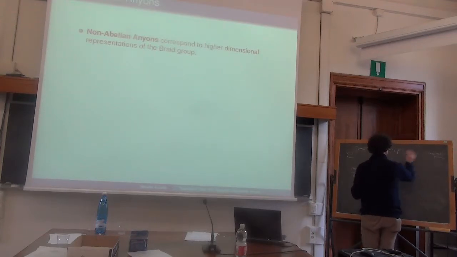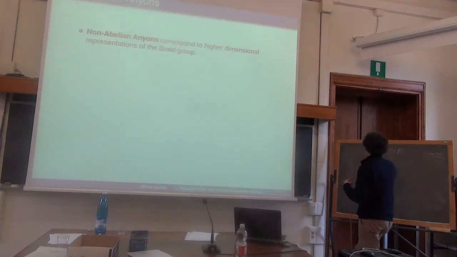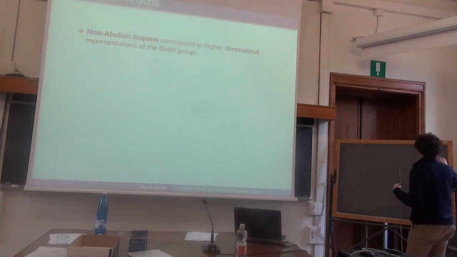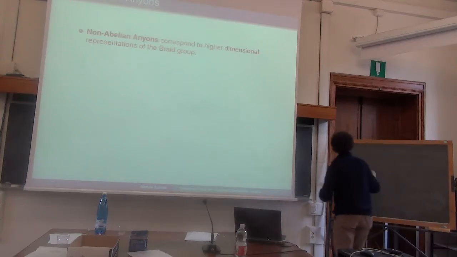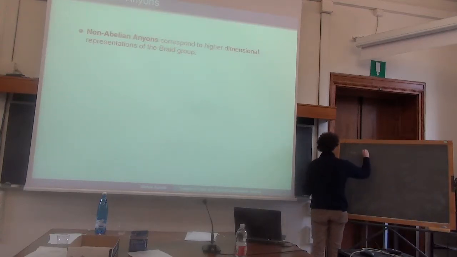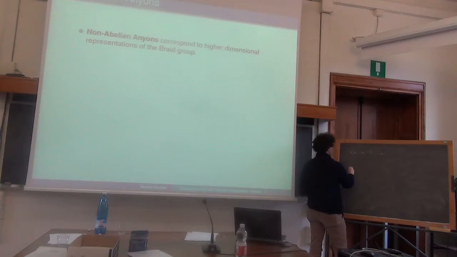To do this, we must somehow enlarge our Hilbert space when we consider the fusion of two different anyons. So let us say that we have a pair of anyons A and B, and now the possible states of a system with these two anyons must be more than one.